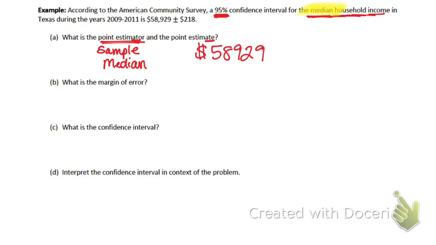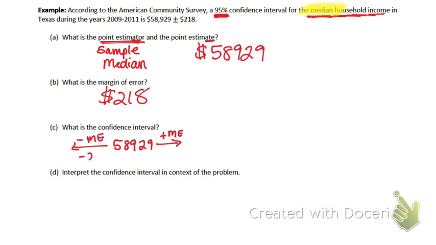What's the margin of error? This should be pretty easy. $218. Boom, it's right there. It's literally right in front of your face. Now, what's the interval? So here's what we need to do. We need to take that point estimate of 58,929, add the margin of error, and subtract the margin of error.